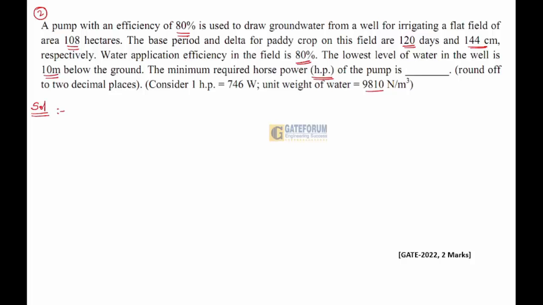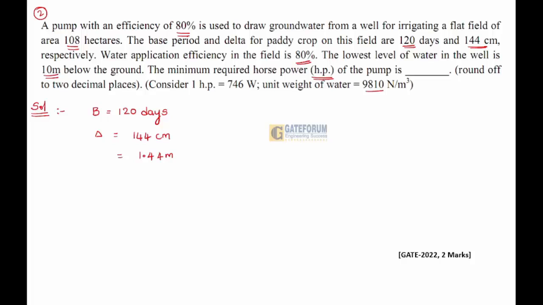When you see the solution, in the question he has given the base period as 120 days, delta around 144 centimeter. When converted, you will get 1.44 meter.